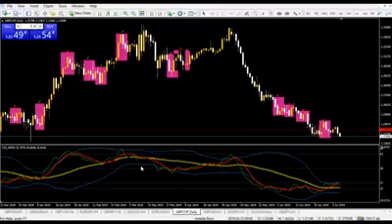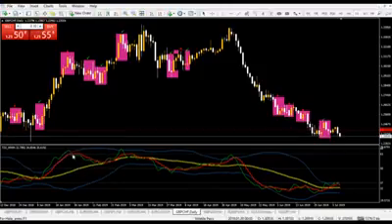All right, so basically what we will want to do is whenever the green signal line is in an overbought location, which would be anywhere between the 63 to 70 zone here, we'll jump in once it comes back into the blue Bollinger Bands and crosses over the red signal line, right?